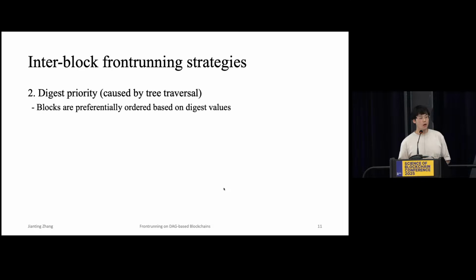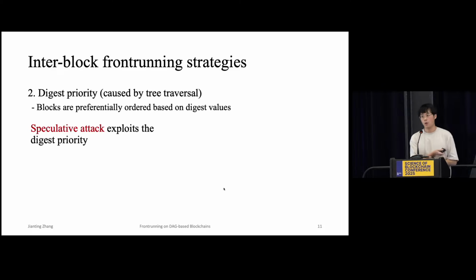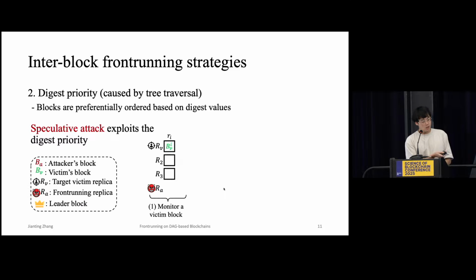The second ordering priority we figured out in the DFS ordering rule is called digest priority. Basically, it means that if a block has a higher block digest, then the block is more likely to be ordered first. Based on this ordering priority, we propose an attack called the speculative attack. The idea is also very simple.